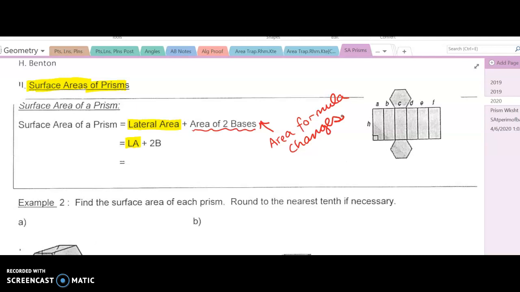So just to be clear, lateral area is perimeter of the base times the height of the prism, the distance between the bases, plus 2B, where the big B stands for area of the base, and 2 times because there are 2 bases, right?